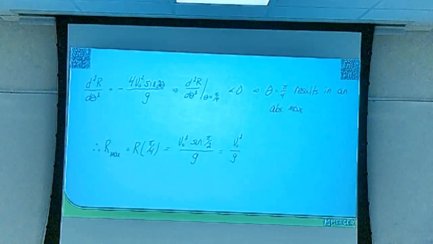Right, so once you have your launcher, if you want to maximize range, you just make sure it's set at an angle of pi over 4 above the horizontal. And that'll maximize, again, horizontal distance, that's the range.